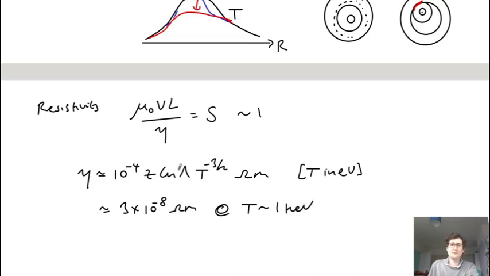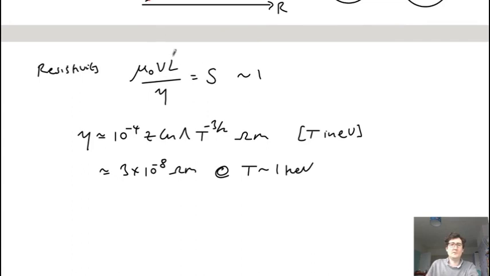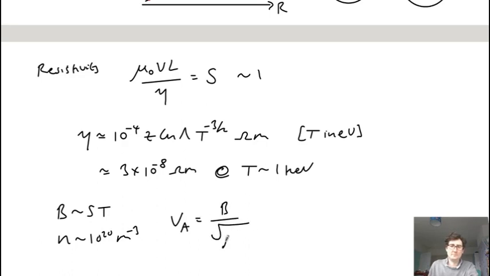And if you work out what the typical velocity is, so the Alfvén speed, if B is roughly 5 Tesla, and a density of like 10 to the 20 per cubic meter, this gives you an Alfvén speed of around 7.7 × 10⁶ meters per second.